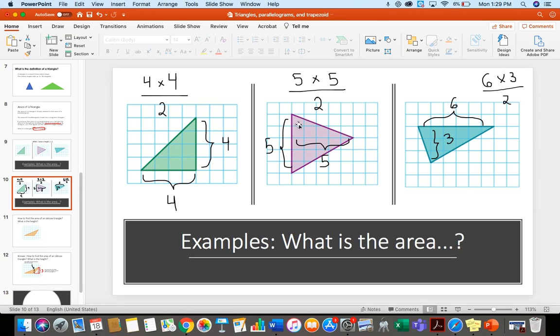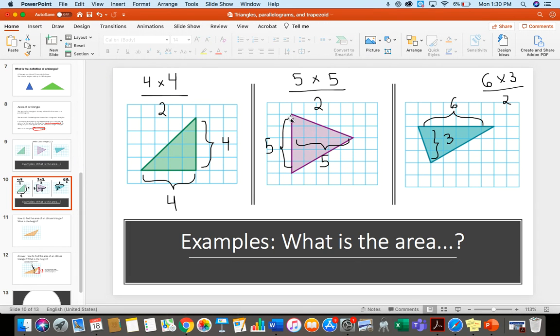Okay, now let's do this one. Like I said, this one is a little bit more challenging because you want to find the base. I found it by looking at which one was clearly lined up with the squares. So I found out 1, 2, 3, 4, 5 is our base. And our height is a little bit trickier to find.